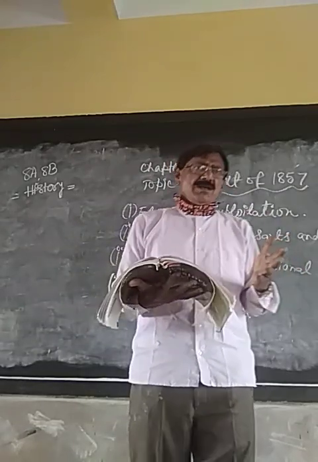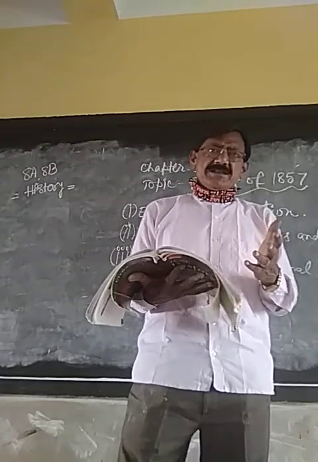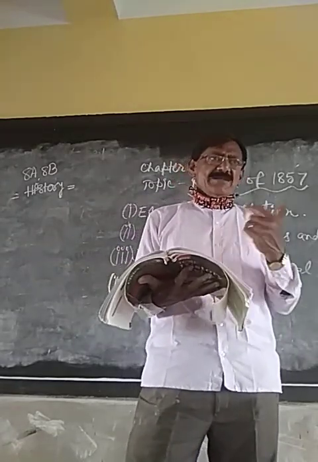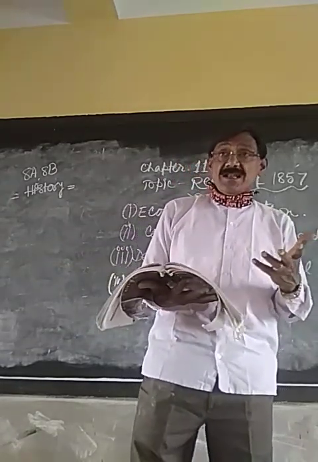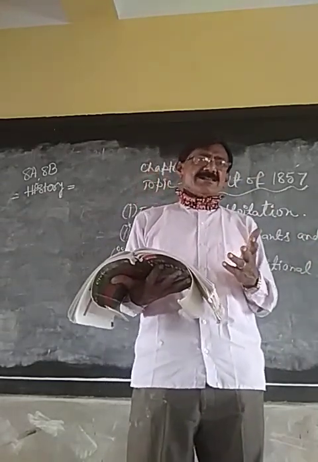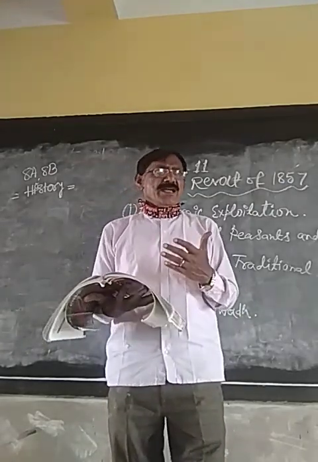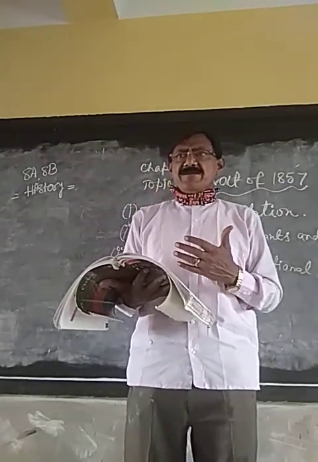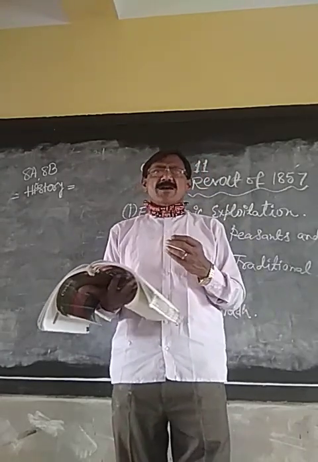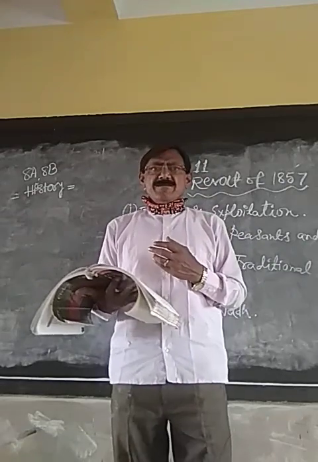Because they knew in the long run the British would be able to crush the revolt of 1857. That's why they remained neutral and could not cooperate with the Sepoys. As a result, the Sepoys could not gain any kind of cooperation from them.